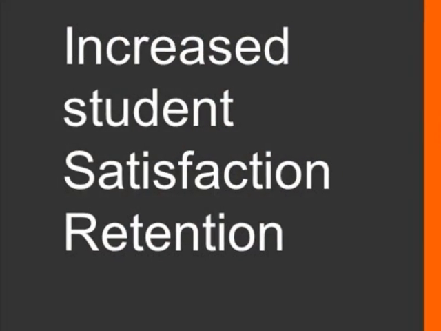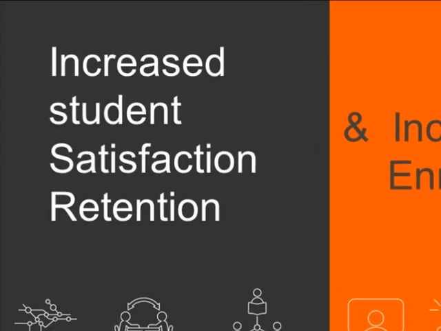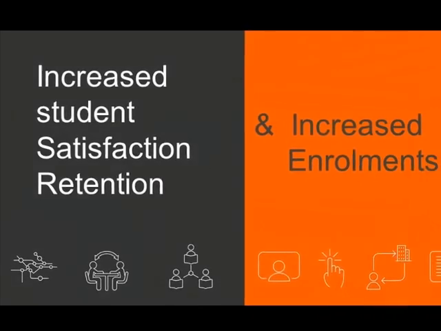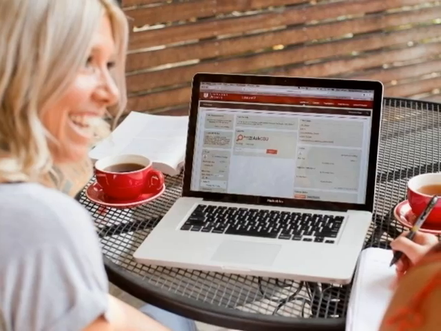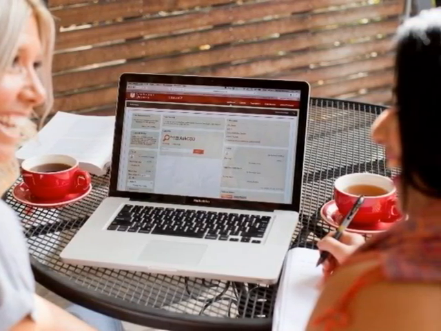Consistent with the findings of researchers like Vincent Tinto, the strategies highlighted in the CSU online learning model focus on improved engagement. The goal is to achieve increased student satisfaction, increased retention, and eventually increased enrolments. The elements within the CSU online learning model draw on Michael Moore's conceptual model of student interaction.